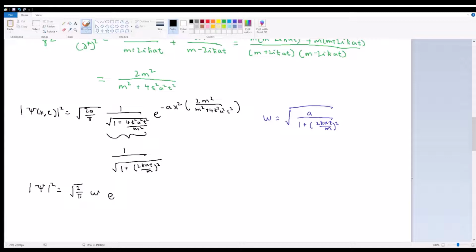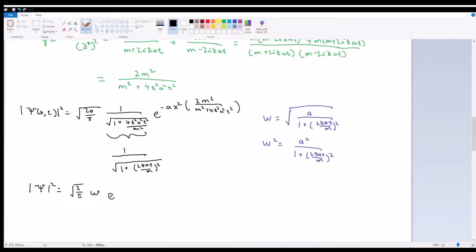So it seems like we can modify this a little bit as well. So omega squared, because there's no square root here, implies that we should just take the square. So omega squared is going to be a squared over 1 plus 2 h bar at over m squared.